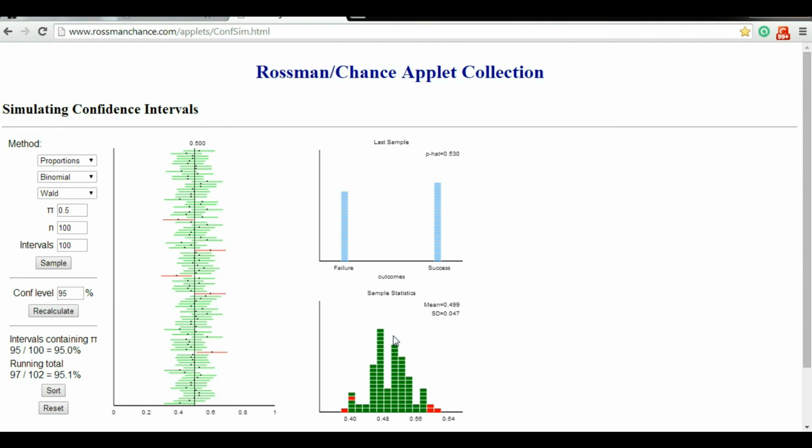If we pull a p hat of 0.47, we're not going to say that's what p should be. Instead, we're going to say we pulled a p hat of 0.47, so that's probably around where p is. P could be up above that, like 0.50, or it could be below that, maybe 0.44, but it's somewhere in there. We don't know exactly what p is.